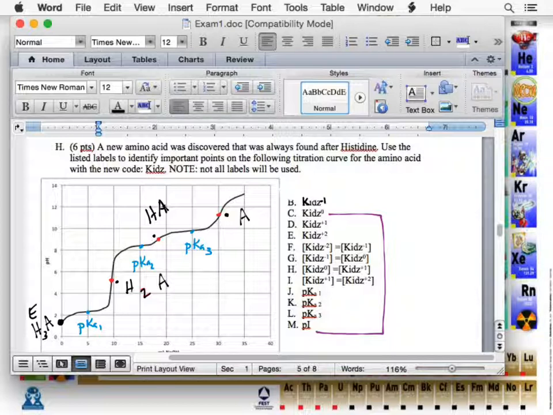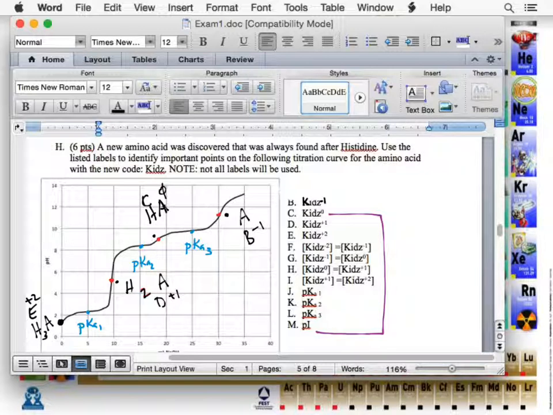I'm going to have to say the charge on it. H2A is D, which was plus 1. HA is our 0, which was C. And our last one is B at a minus 1.